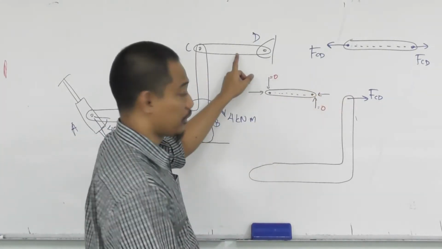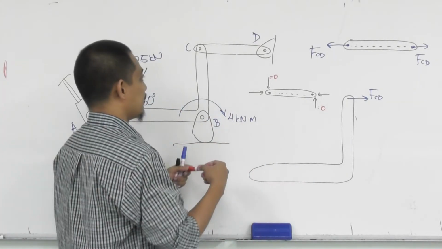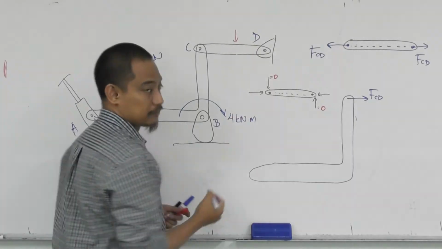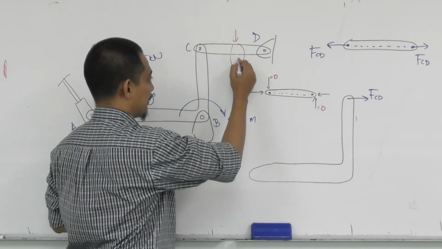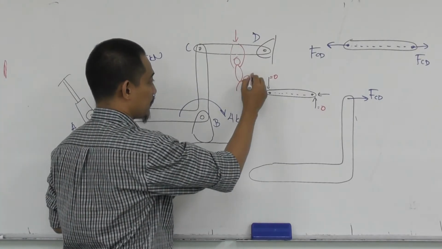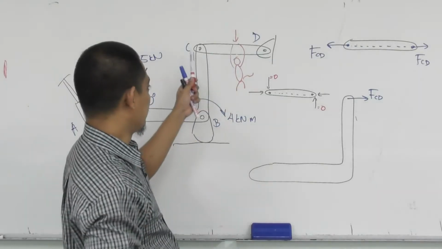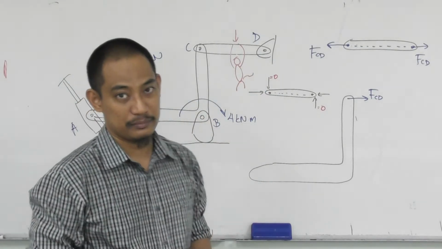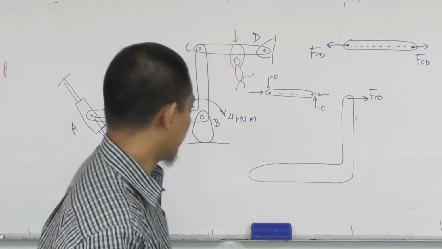Now, if this is not a 2 force member, for example, there's a force here, or there's a monkey that hangs there, whatever, which means there's a force there, so this is 1, 2, 3, it becomes a 3 force member. Then it's no longer a 2 force member, hence you have to draw like this.